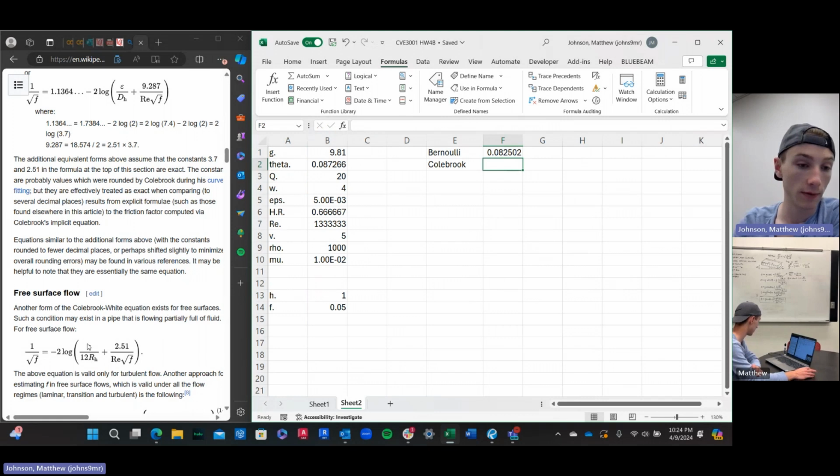So the Colebrook equation, now we can insert this. If we set this equal to 0, it's the same as taking this term here and adding it over to the other side, right? So let's type that in.